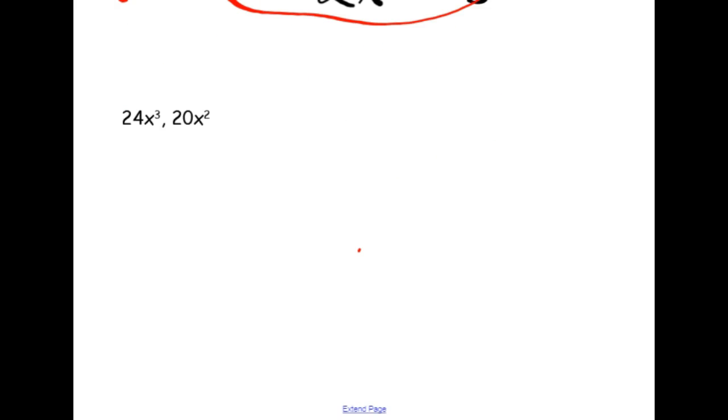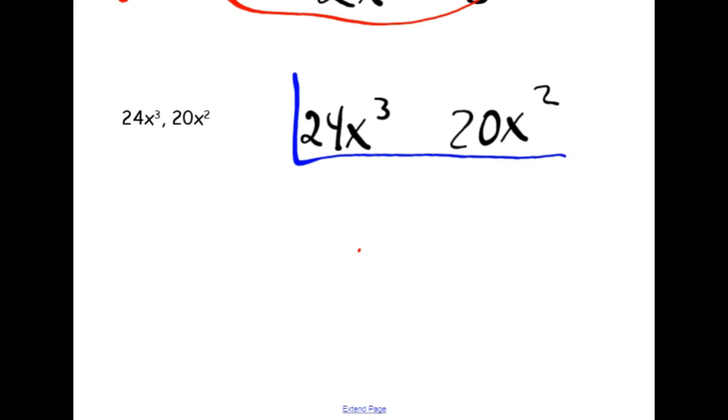Here we have 24x cubed and 20x squared. We're going to repeat that same process. Because these are monomials, we can see their factors. We don't have to factor them the way we do binomials and trinomials. We know the factors of 24 and 20. Their greatest common factor is 4. Greatest common factor for x cubed and x squared is x squared.